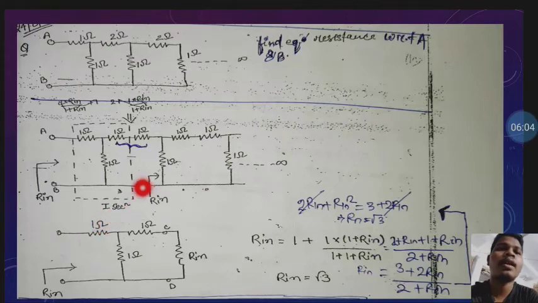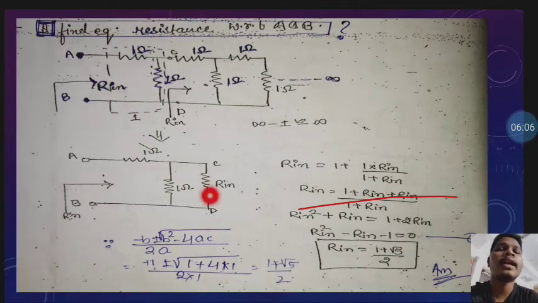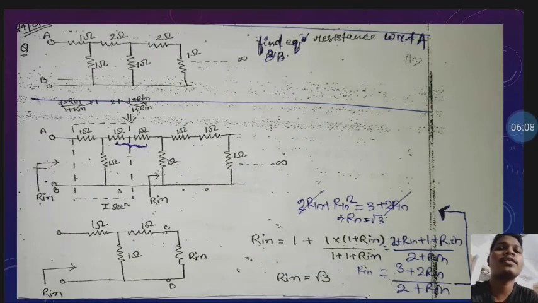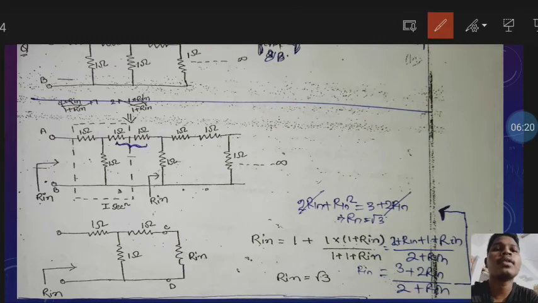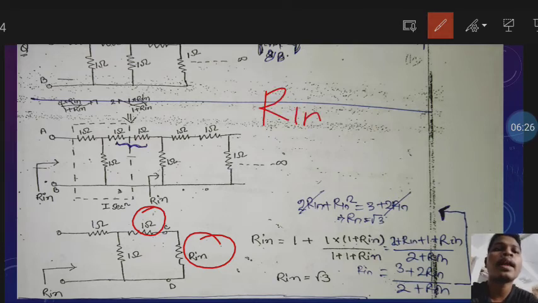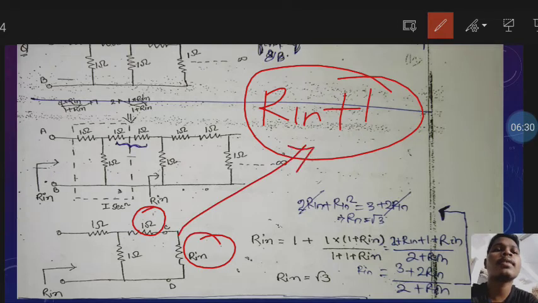so now we are going to do here like we did in the previous case. Okay, so see here the R_in resistance and 1 ohm resistance are connected in series, so we add both resistances, R_in plus 1 ohm. So R_in plus 1, this is the resistance in that case.